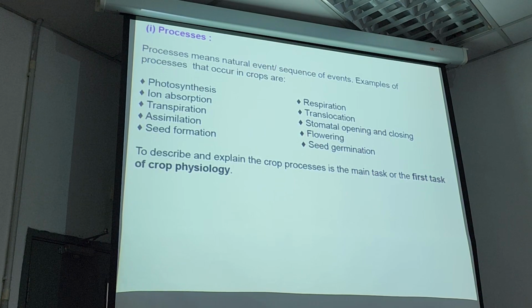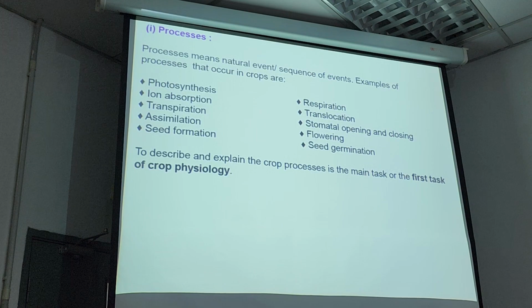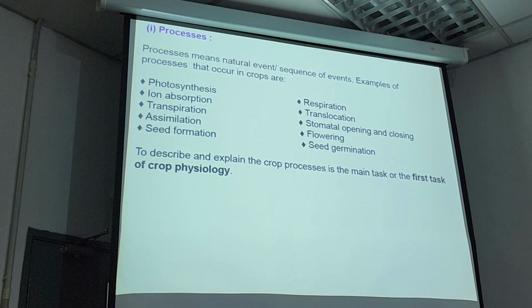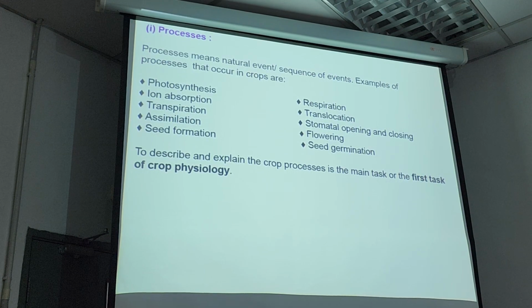Okay. So these are the processes that usually found naturally in plants, regardless of the plant species. You're going to get this: photosynthesis, ion absorption, transpiration, assimilation, seed formation, respiration, and so on. What about if the plants are rather ancient?